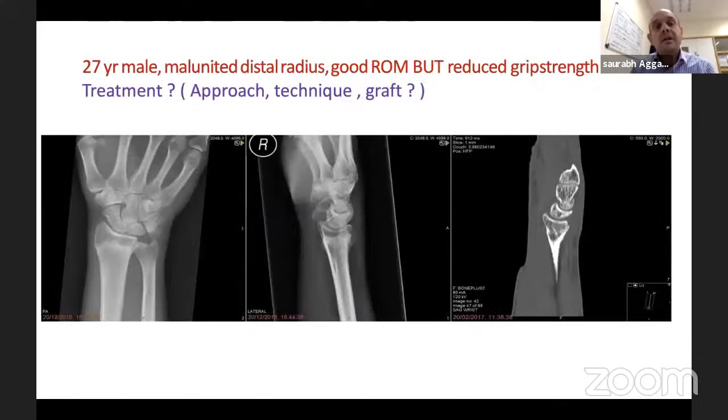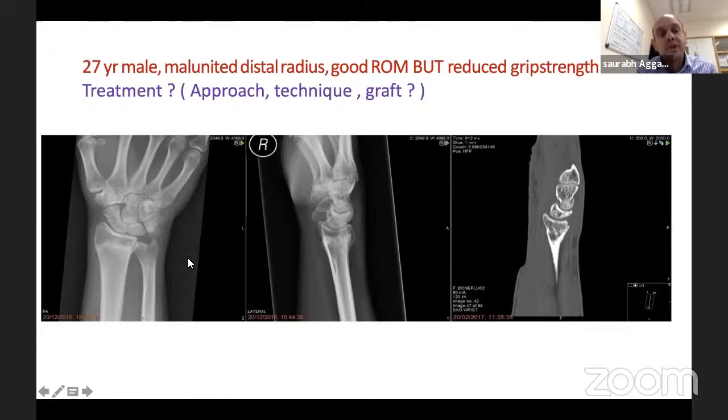Then another case, young man, 27, so heavy demands on the wrist. Again, malunited radius. Range of motion was good, but he had a reduced grip strength. So again, he was offered a surgery. But let's see what approach, technique, and did we use a graft.